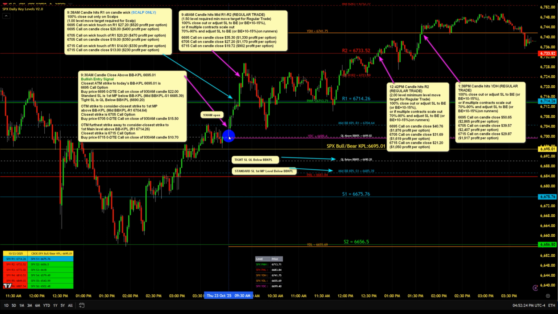It tried to travel down to the YDC level, and then it went all the way back up above the mid BBKPLR1, but it settled and closed below the BBKPLR1. Most importantly, it closed above the bull bear KPL. So this is a bullish entry signal if you want to take a trade off of the opening candle.